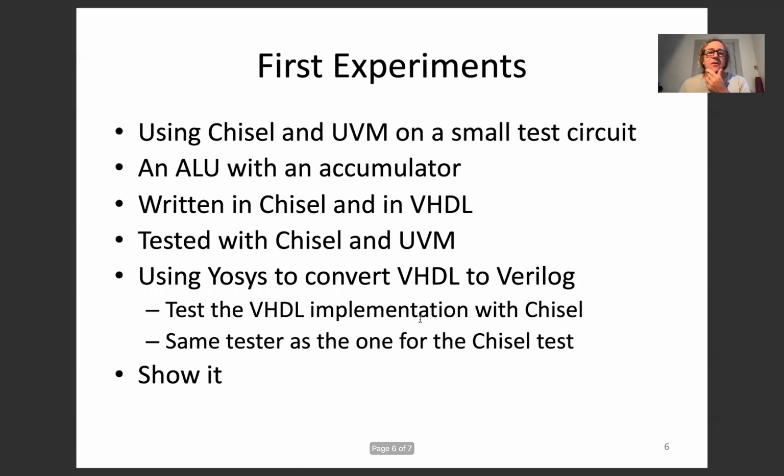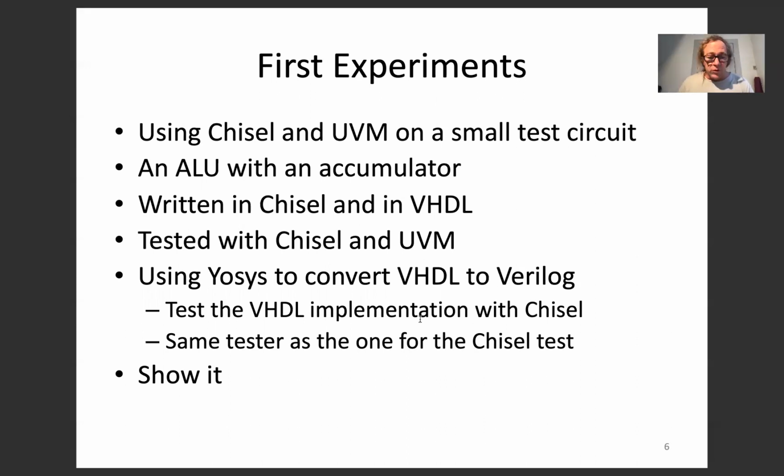So we started out looking at this with a small example using Chisel and UVM on the same test circuit. It's an ALU with an accumulator. It's a very simple circuit, a combinational ALU, but it also has state with an accumulator. It was originally written in Chisel for a small processor project, and we also rewrote it in VHDL to see how we can drive this one.